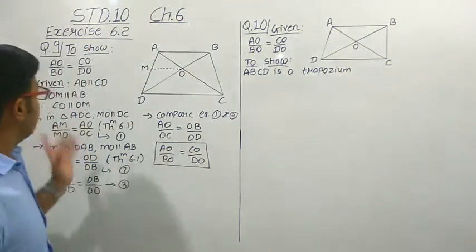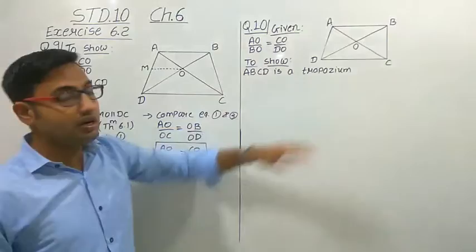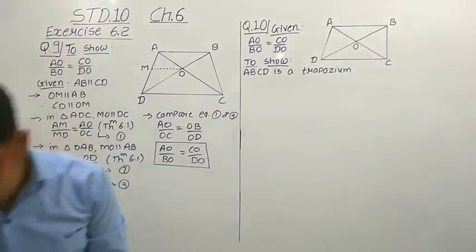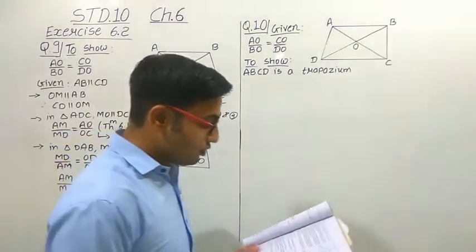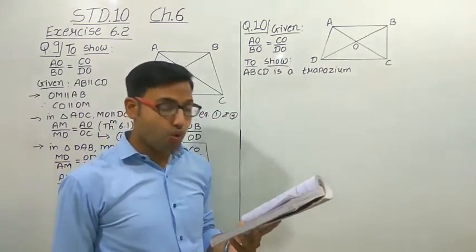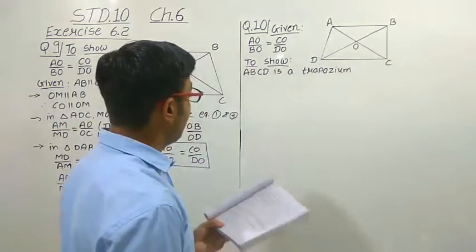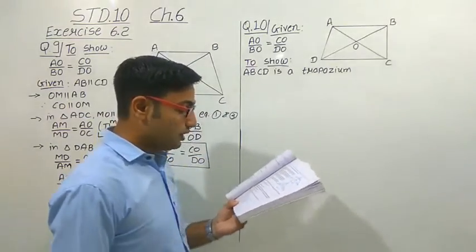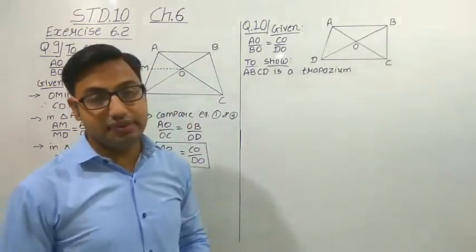Right? Okay. In the same way, now let us study question number 10. Question number 10: the diagonals of a quadrilateral ABCD intersect each other at point O such that AO upon BO is equal to CO upon DO. Show that ABCD is a trapezium.